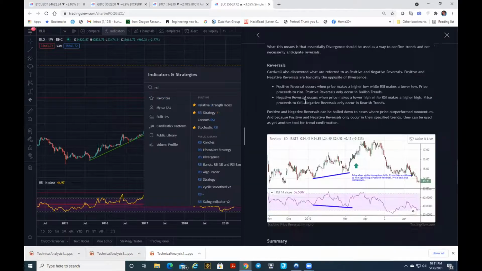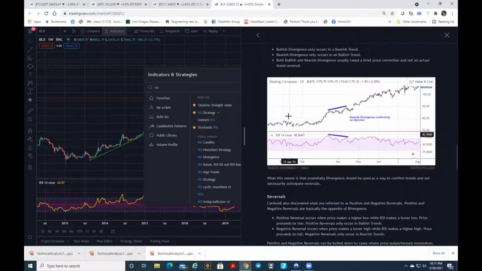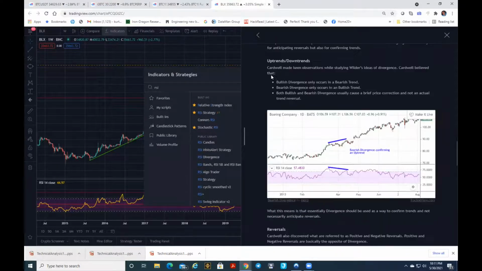All right, we'll just get into the summary. We'll talk about the reversals and continuations here. So as I explained, these things happen on here, and what this means is that essentially divergence should be used as a way to confirm trends and not necessarily to anticipate reversals.